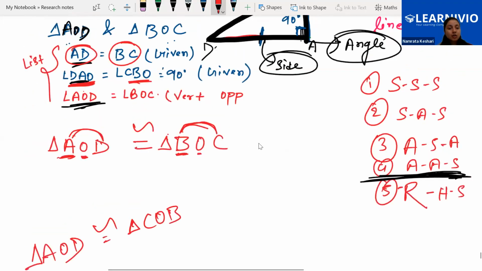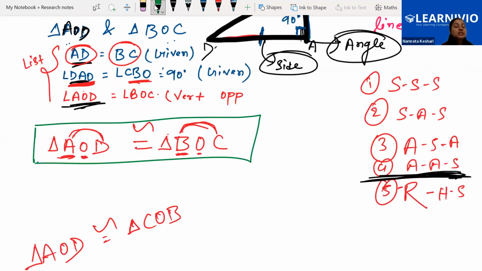We can only say that triangle AOD and triangle BOC are congruent with each other. Because in the list which I have written just now below, you can check it. The first information we have written in our list is that AD and BC are the same. Here AD and BC are coming out as the same.